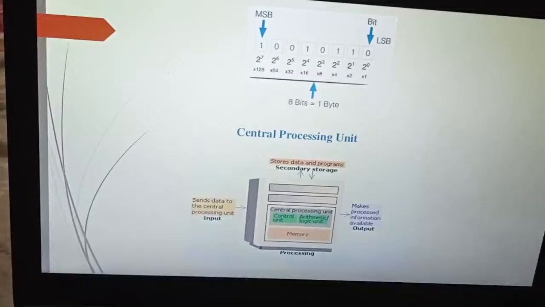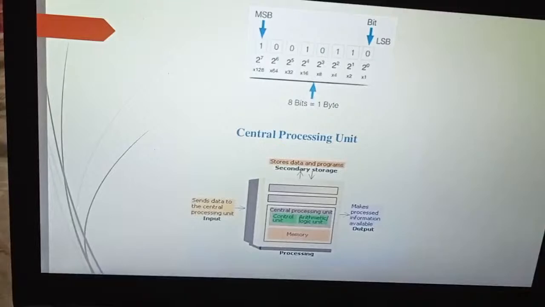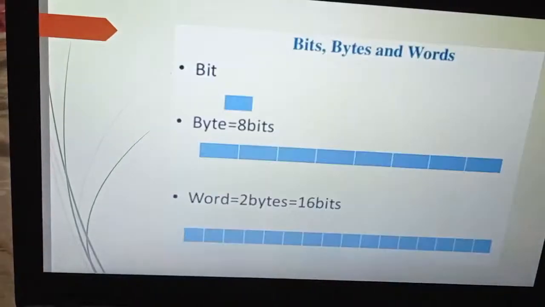A group of 16 bits is called a word, numbered 0 to 15, which is 2 bytes.